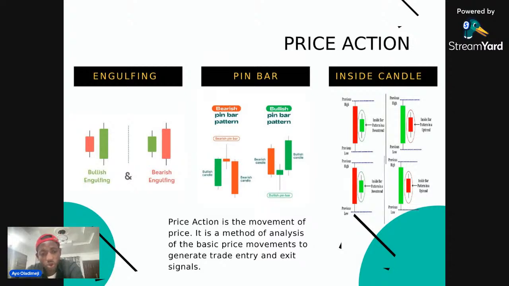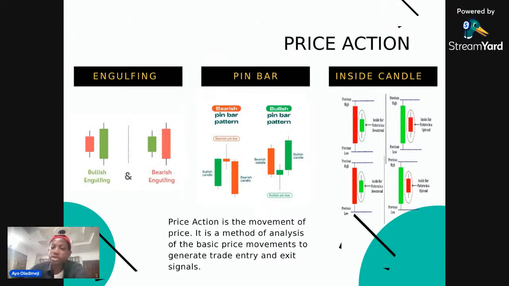It is a method of analysis of the basic price movement to generate trade entry and exit signals. So, in this scenario, we have engulfing. What is an engulfing candle? An engulfing candle is indicated by a small candle followed by a big candle whose body engulfs the small candle.